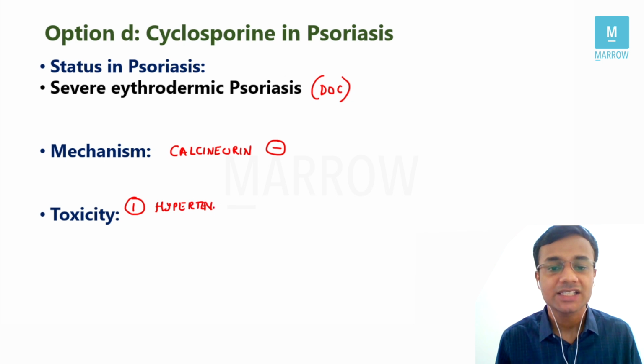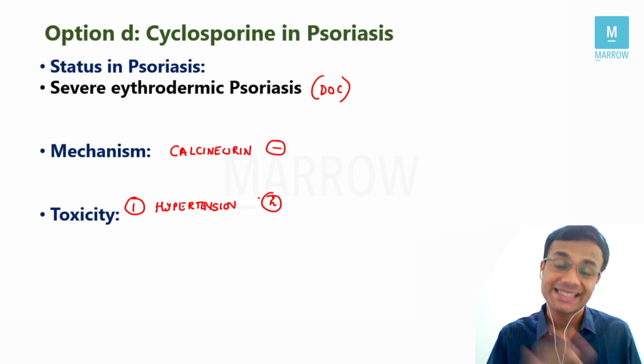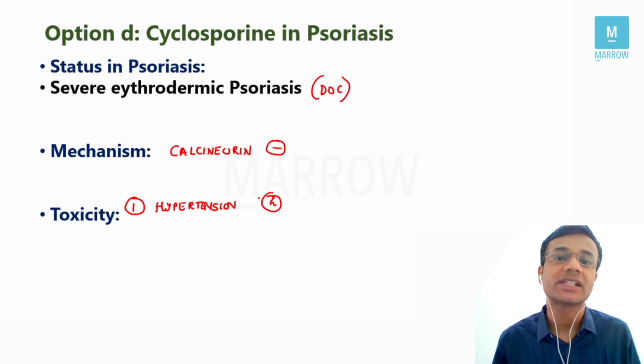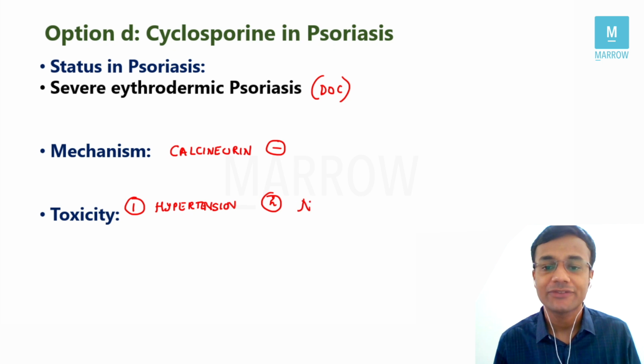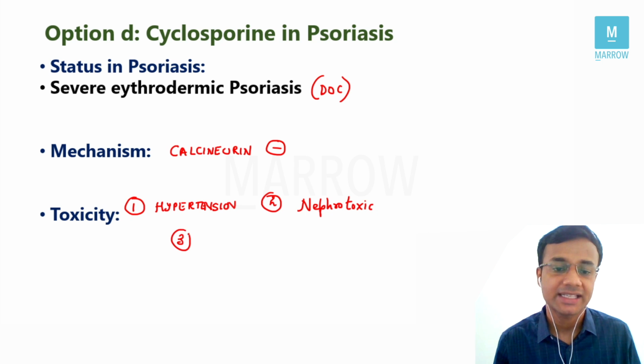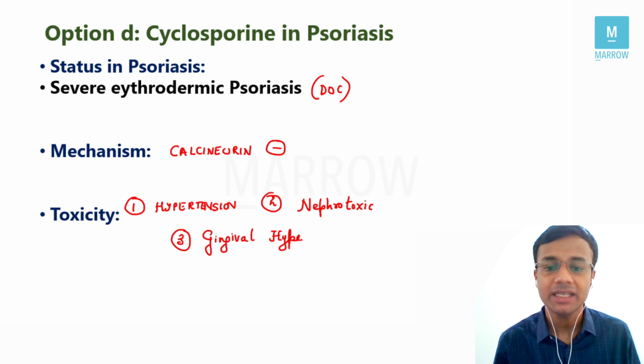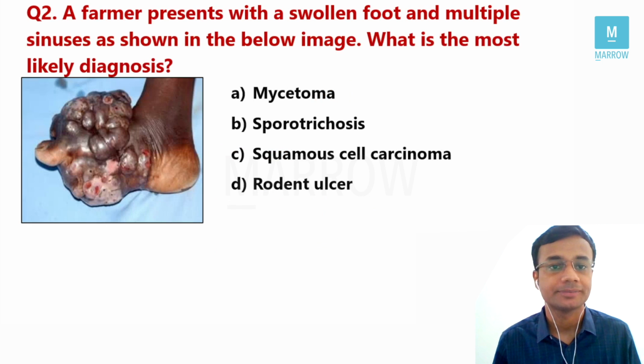I also always ask for a renal function test because, just like methotrexate is a hepatotoxic drug, cyclosporine is a nephrotoxic drug. Then it can also produce side effects like gingival hyperplasia with long-term usage.